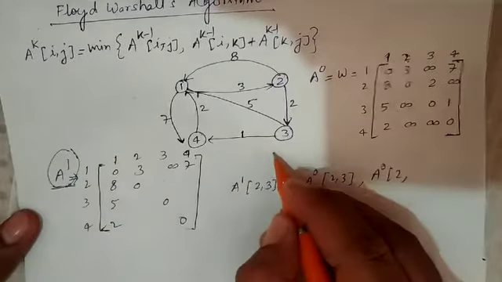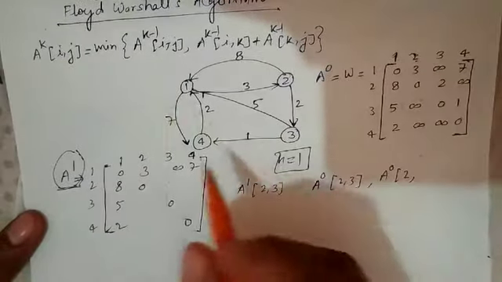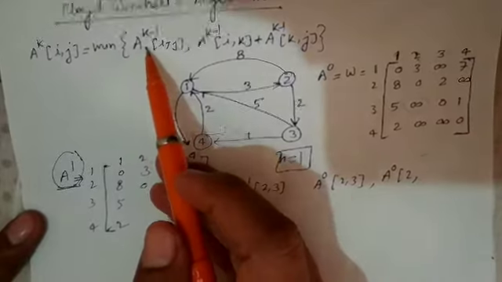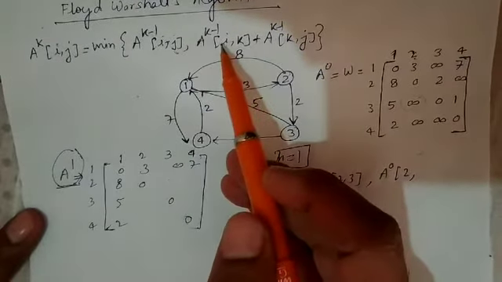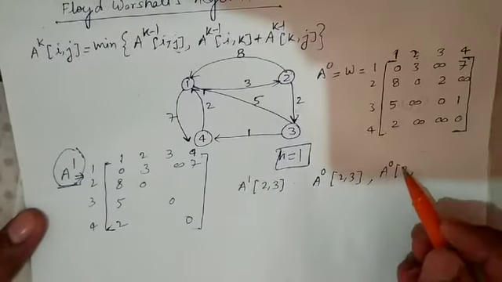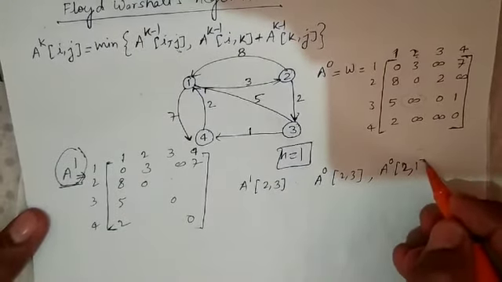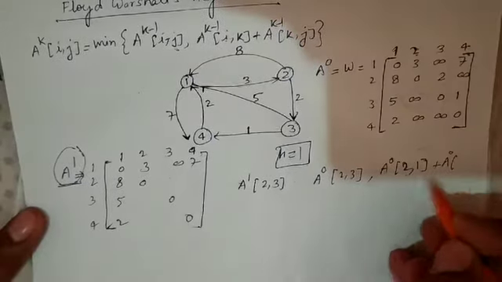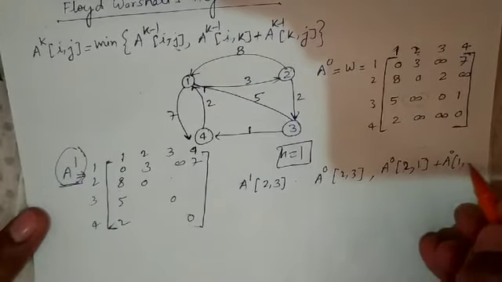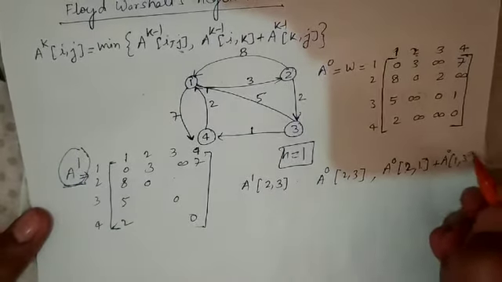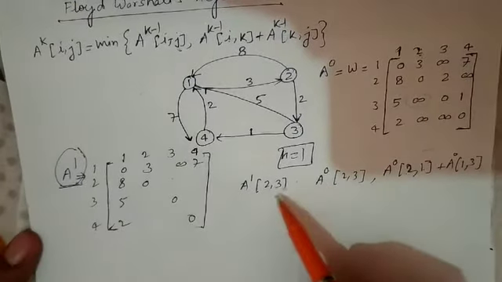Here the value of K is 1. Just see the formula: either the previous matrix ij value, or the previous matrix i to k plus the previous matrix k to j. Here i is 2, k is 1, and j is 3.